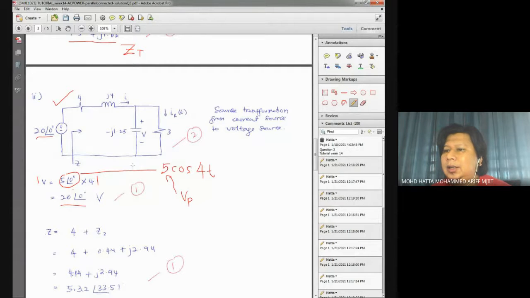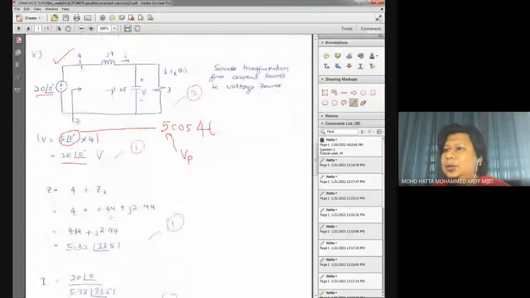Okay. Try to calculate the value of impedance, which is Z. Why? Because with the total Z over here, we can easily calculate our current I. So Z total is given by 4 plus Z2. What is Z2 basically?